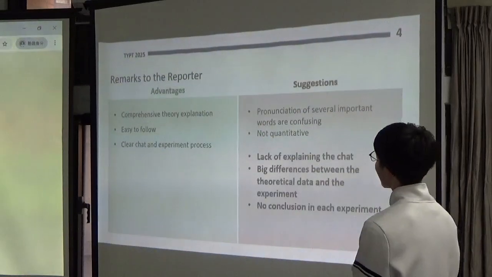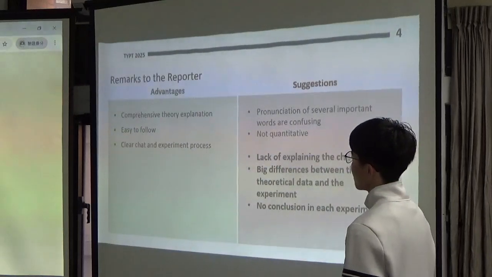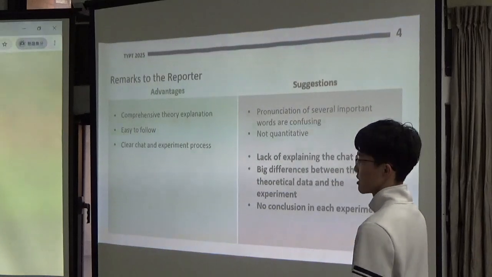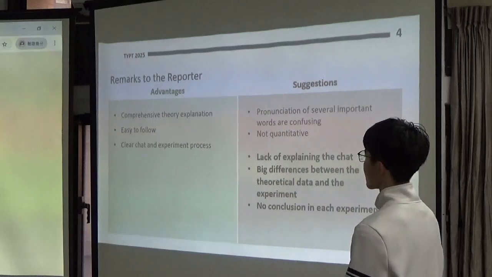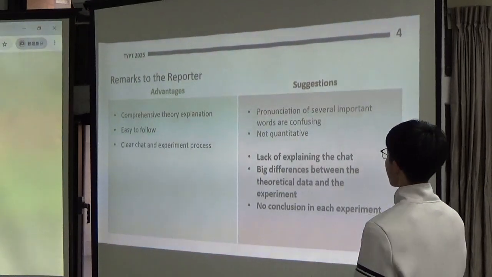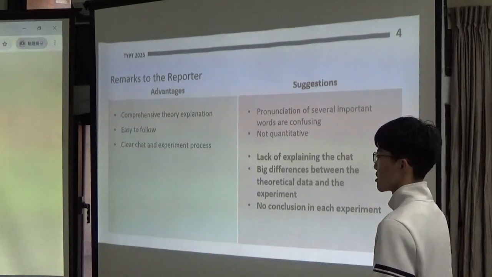Next one. Here are advantages and suggestions for the reporter. We can say that they have a comprehensive theory explanation of this phenomenon, it's easy to follow, and they have a pie chart and experiment process. Some suggestions: the pronunciation of several important words is confusing, and you have to do some clarification for them.